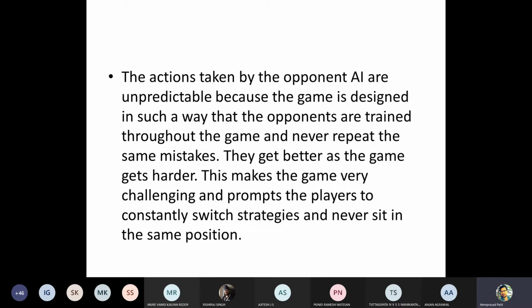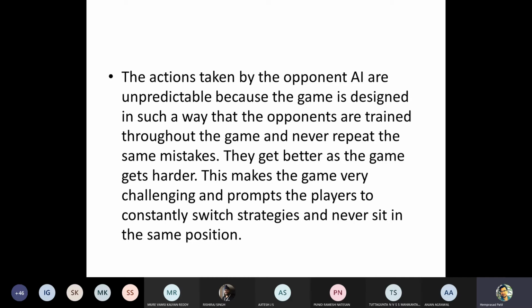This is something called reinforcement learning, where if the agent wins, it is rewarded. If it loses, it is punished, and it is made to learn from the mistake. And also it is made to learn from the victories. So they get better as the game gets harder.